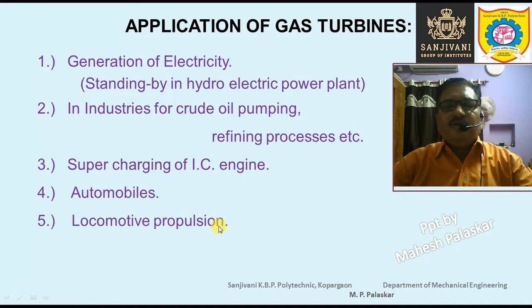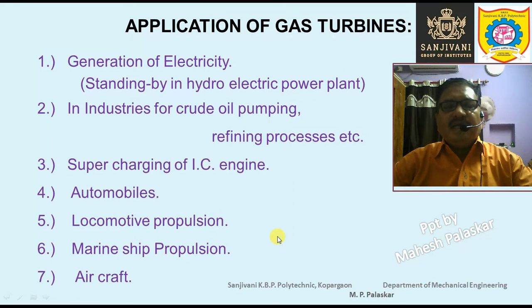For locomotive propulsion, gas turbines are used, and for marine ship propulsion also we use the gas turbines. In aircraft also gas turbines find important applications. So these are the applications of the gas turbines.